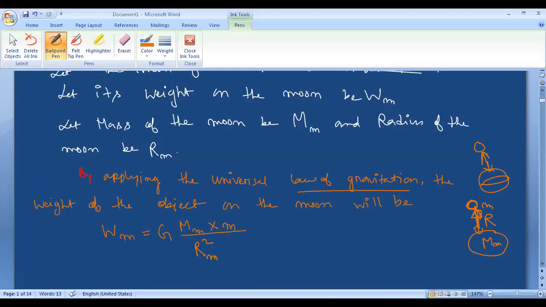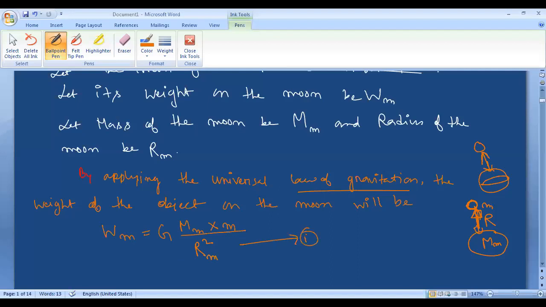Okay. Now see, this is the formula. This is the weight of the body. Again, what will be the weight of the body? This is the weight of the body on the Moon. So give number 1.